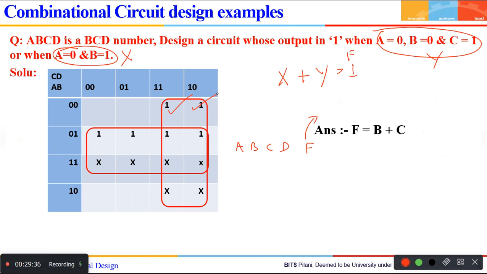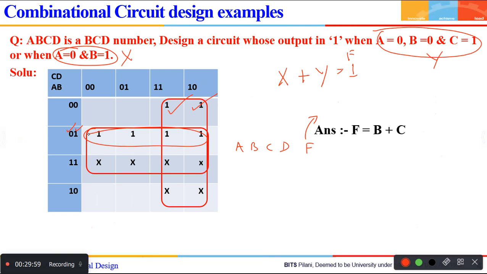What about the other condition? A is equal to 0, B equal to 1. All of these will become 1, right? Yes or no? Because this or this. Is there any other condition which satisfies this?